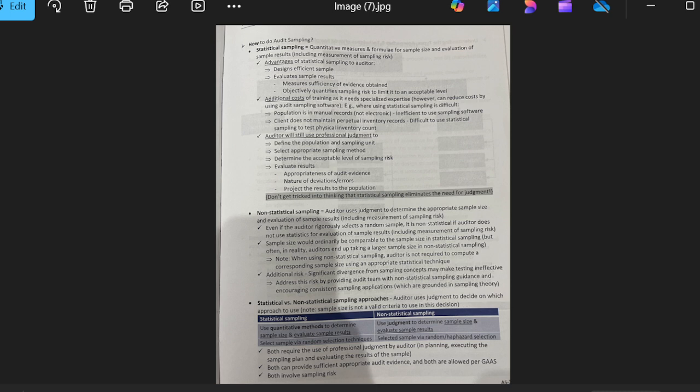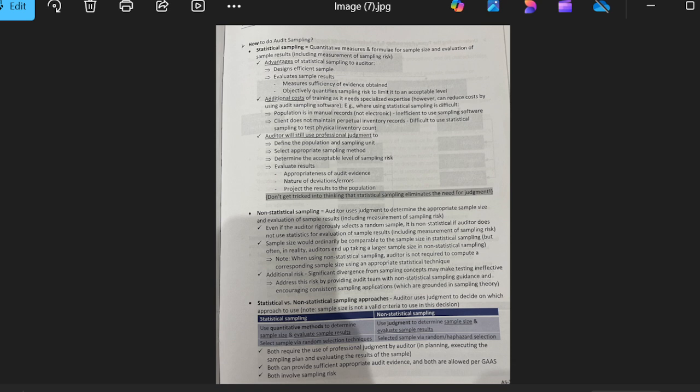Now moving forward, how to do audit sampling? First, statistical sampling. In statistical sampling, quantitative measures and formulae for the sample size and evaluation of the sample results are used. Advantages of statistical sampling are that it designs an efficient sample, evaluates the sample results, measures the sufficiency of the evidence obtained, and objectively quantifies the sampling risk to limit it to an acceptable level.